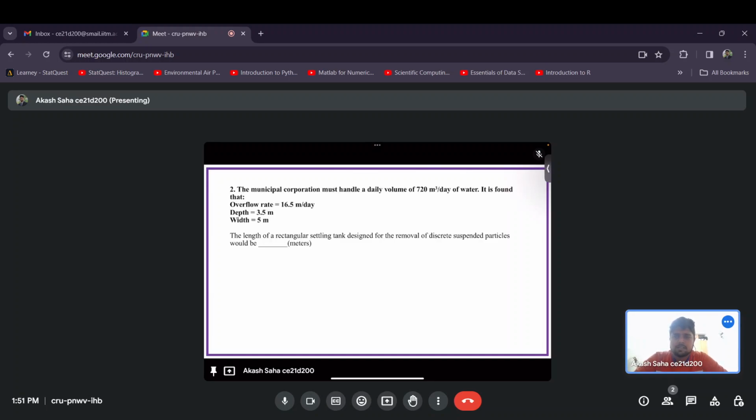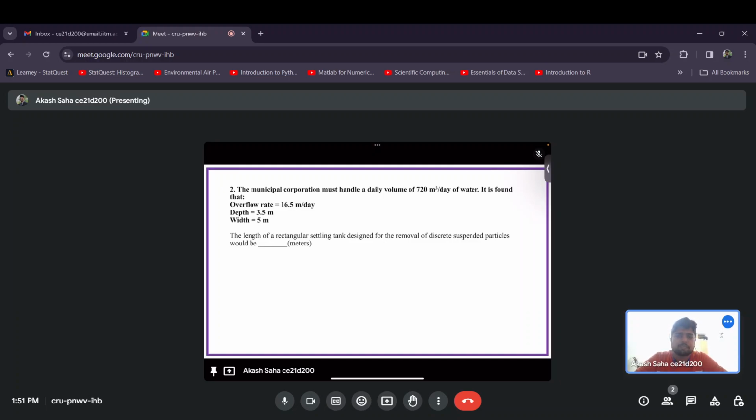It says that the municipal corporation must handle a daily volume of 720 meter cube per day of water. It is found that the overflow rate is 16.5 meter per day, the depth is 3.5 meter, and the width is 5 meters. So here we have to calculate the length of the rectangular settling tank designed for the removal of discrete suspended particles.